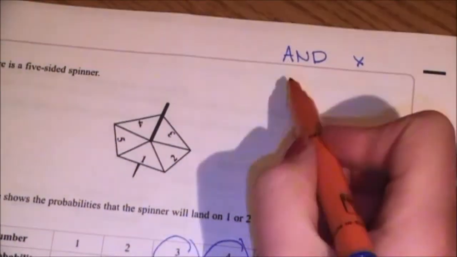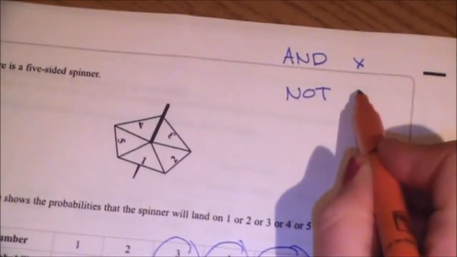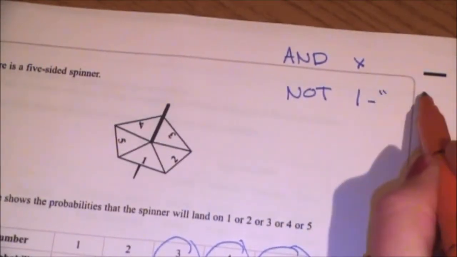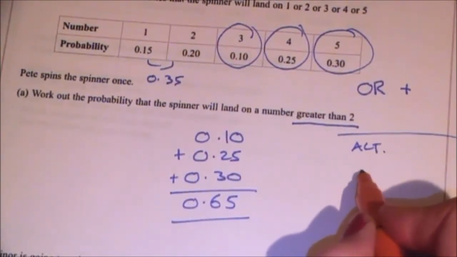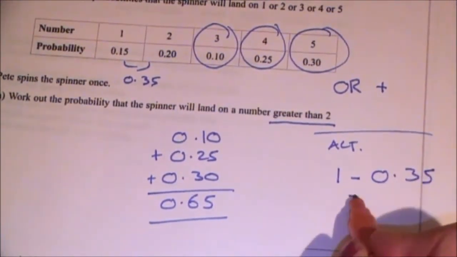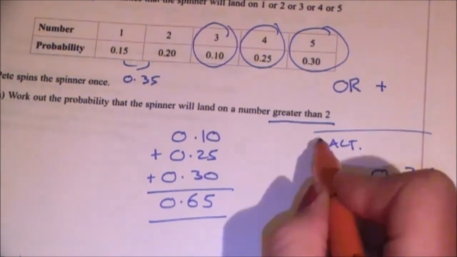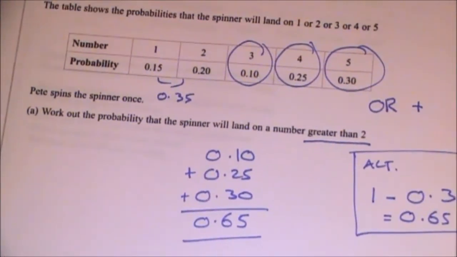And if I just write up here, if the word not is mentioned, then that's your cue to do 1 takeaway the probability of everything else. So the alternative is finding the 1 takeaway 0.35, which again is going to give you 0.65. Either way is fine. This is probably the easiest.